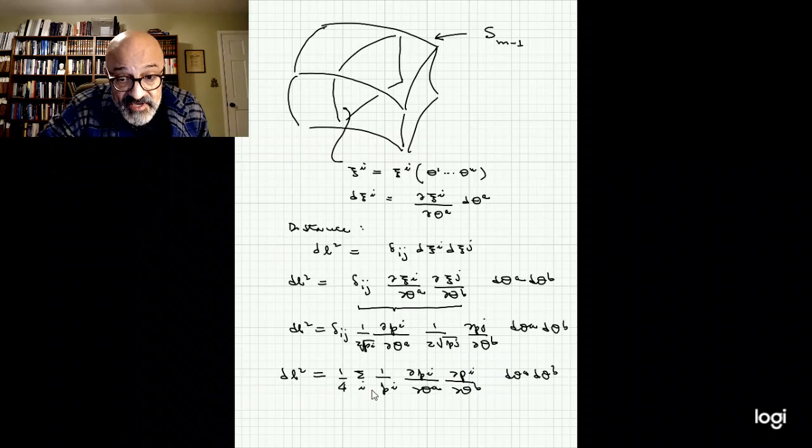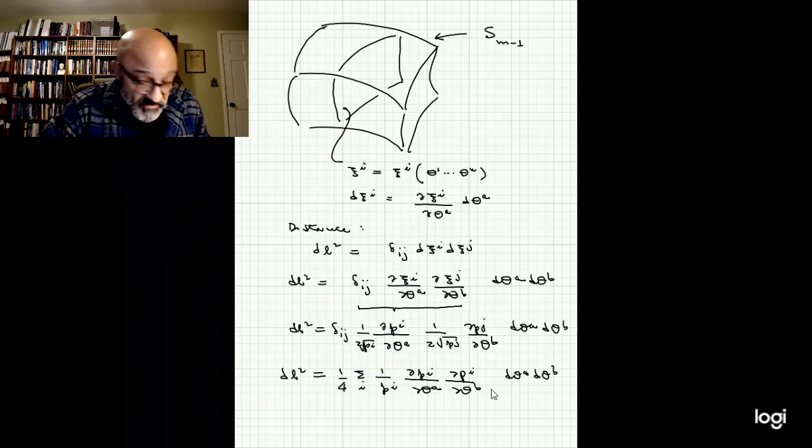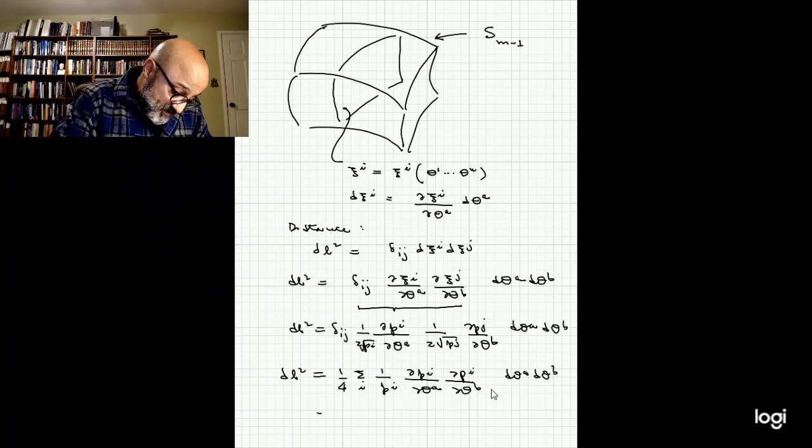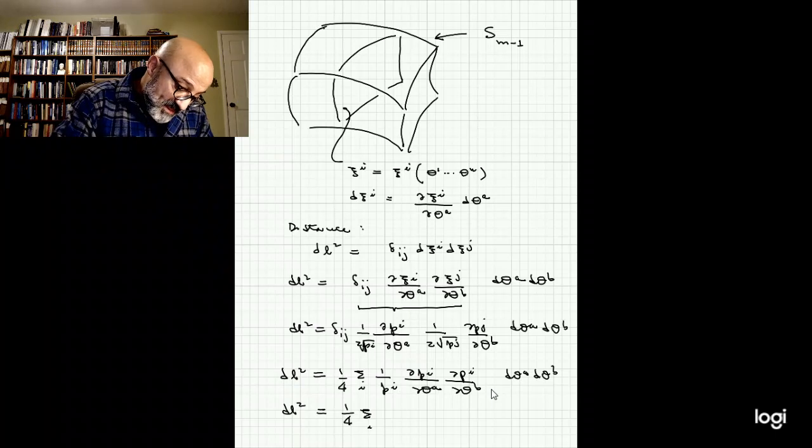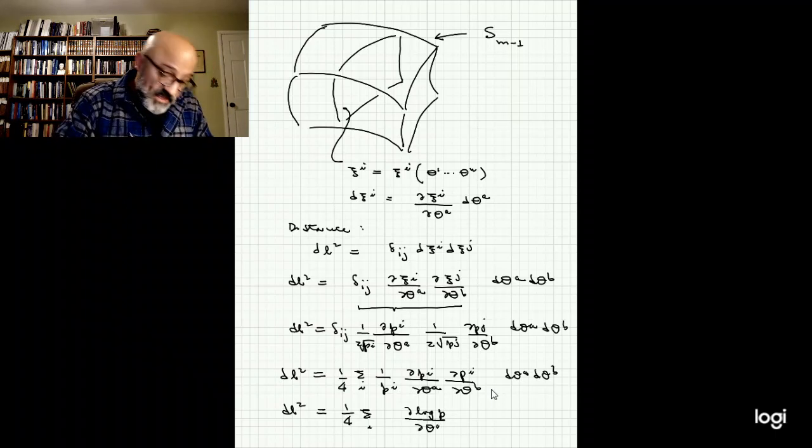We're almost there. You can see here that you have the derivative of p divided by p. This is the derivative of the log. So 1/4 the sum over i of the derivative of the log of p with respect to theta a.